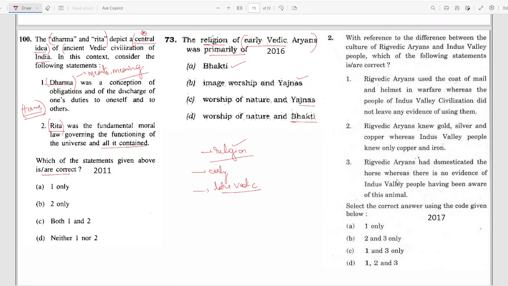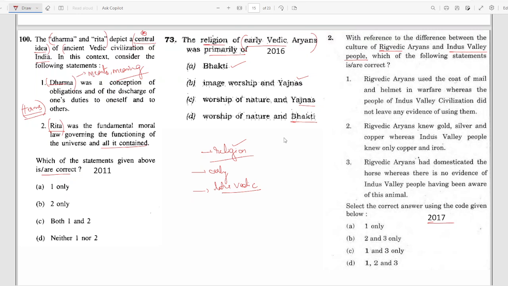And coming to 2017, what is the difference between the culture of Rigvedic Aryans and Indus Valley people? See, again, I had already talked about this: if there are two similar things, UPSC tends to ask differences or commonalities between the two, which I had elaborately discussed in part 1.